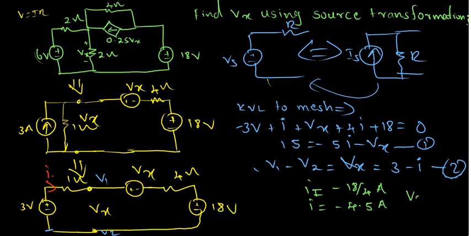So Vx is equal to 3 minus 4.5, which is minus 1.5 volts. So the Vx value is minus 1.5 volts.